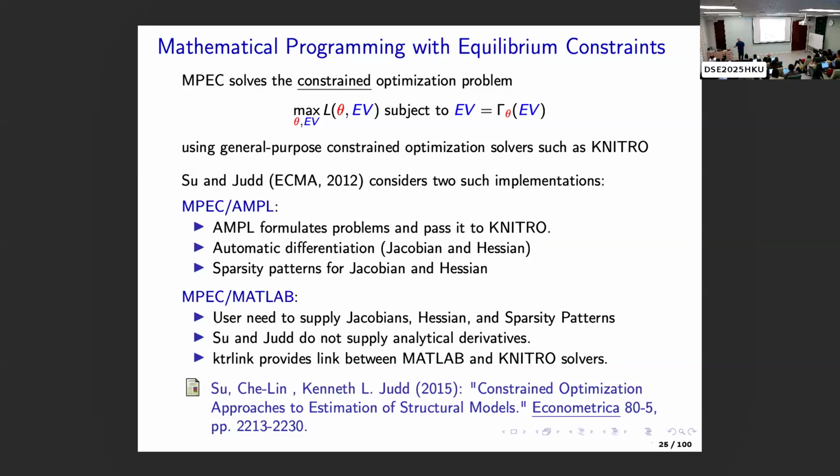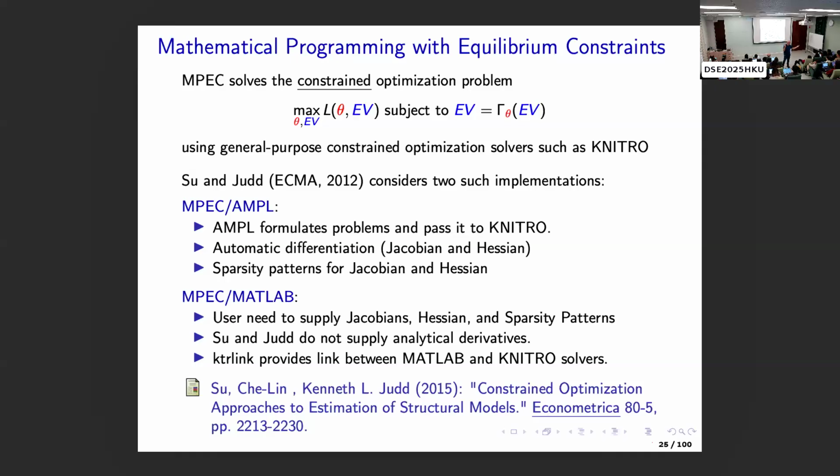But there's another approach, called mathematical programming with equilibrium constraints, that proposes to maximize the likelihood not only with respect to the structural parameters, but now also with respect to all the different values of those expected values.